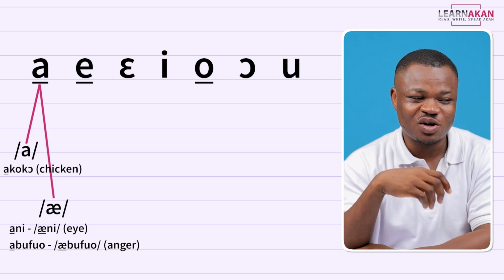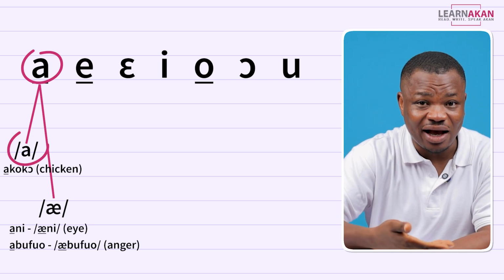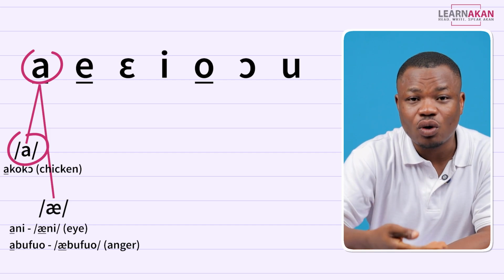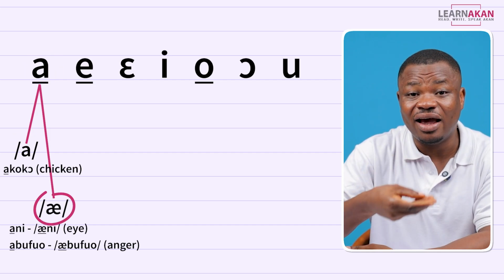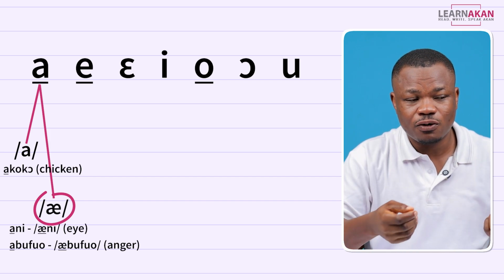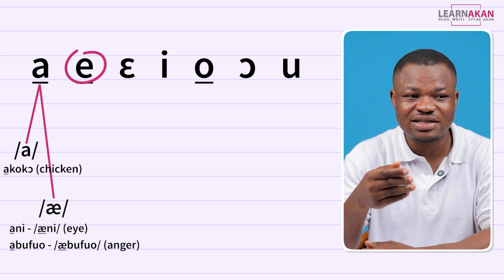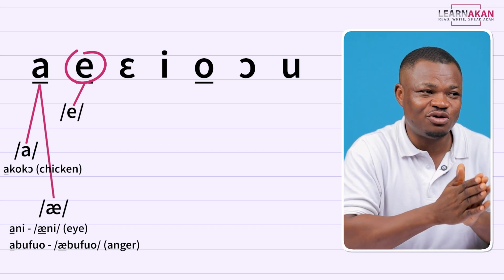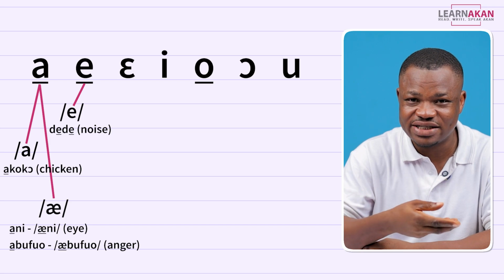So what I was saying was the letter A, the vowel A, can be realized as A, as in akoko, right? Akoko, a chicken. And it can also be realized as E, as in ebufu or eni, right? The vowel E can be realized as the regular E sound that you find in a word like dede, okay? Dede, noise.